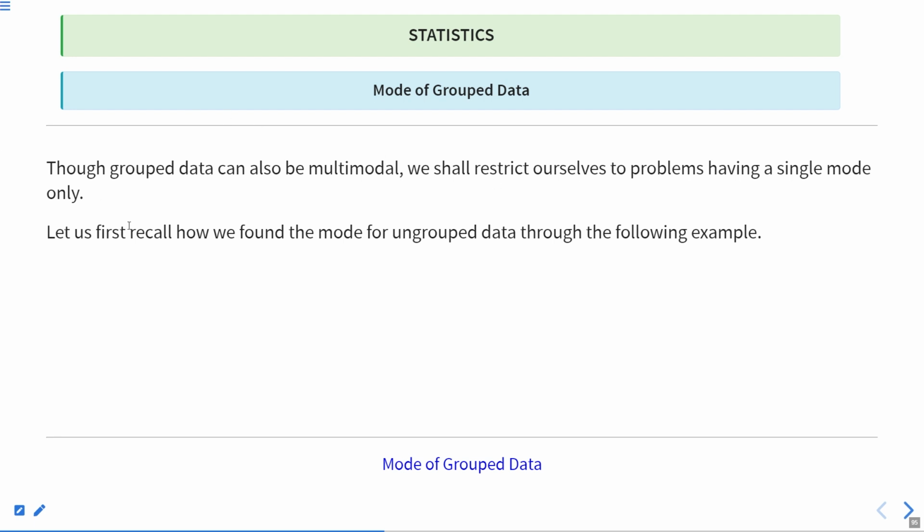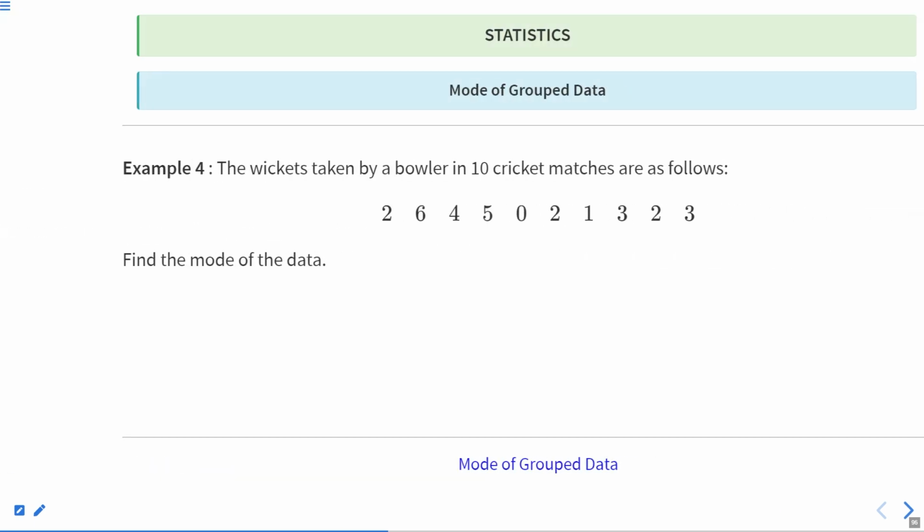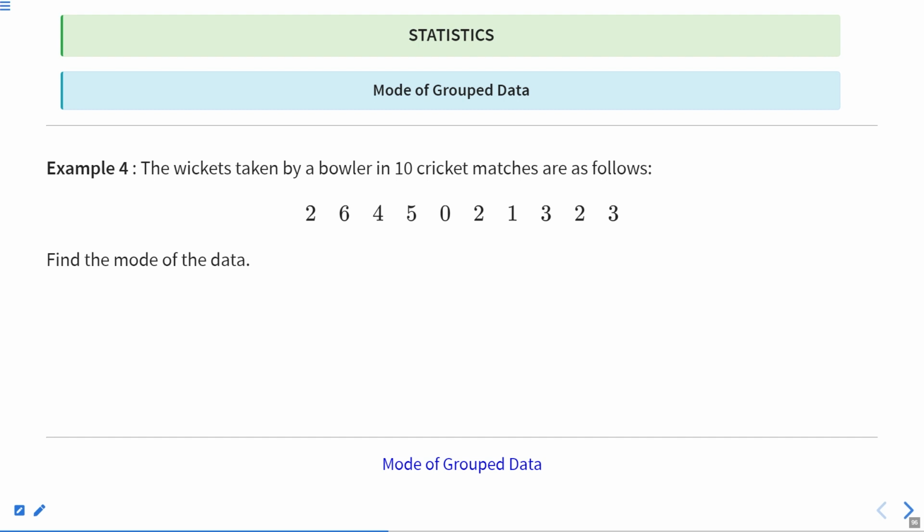Now let us first recall how we found the mode for ungrouped data through the following example.